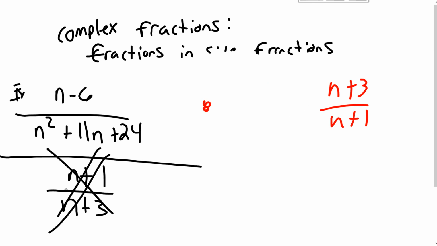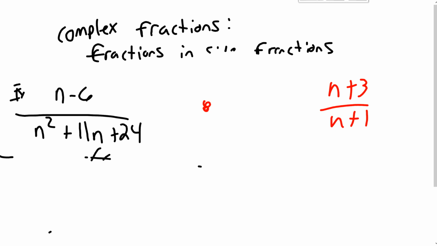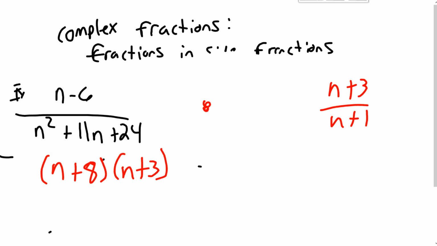So again, I'm factoring, so I just want to get rid of this. And I can just factor this bottom to n plus 6, n plus 8, and n plus 3. And now I can look to cross cancel. I cancel the n plus 3s, because now this is multiplication. That's why I can cancel like that. And then no n plus 1s.